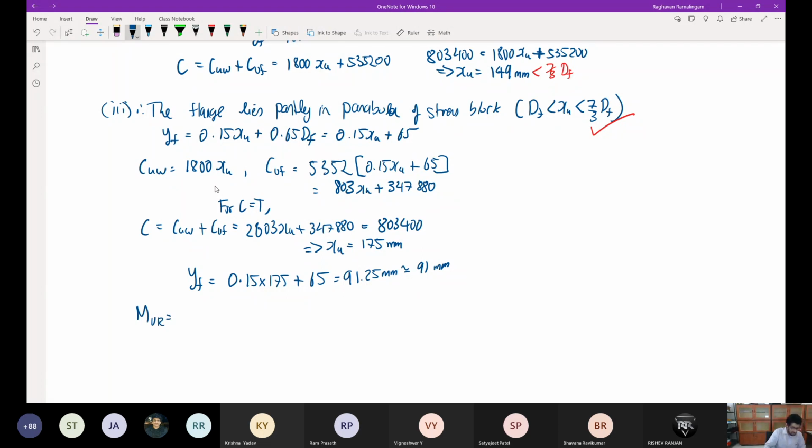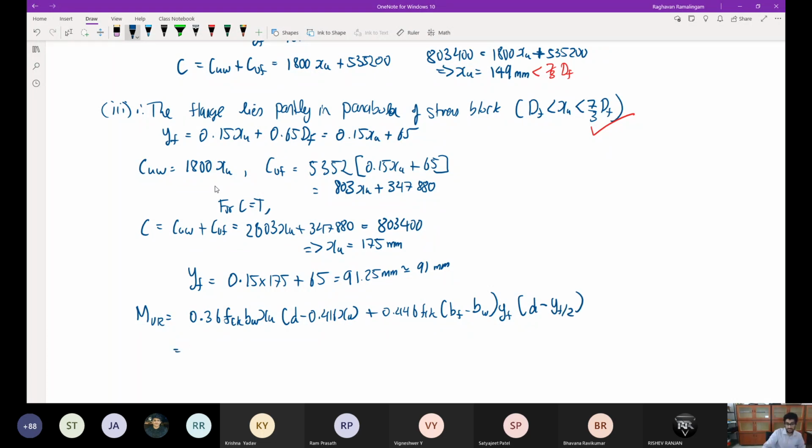It is given by the formula of the moment due to the web part, which is 0.36 fck BW XU times D minus 0.416 XU, plus 0.446 fck into BF minus BW into YF into the lever arm, which is D minus YF by 2.